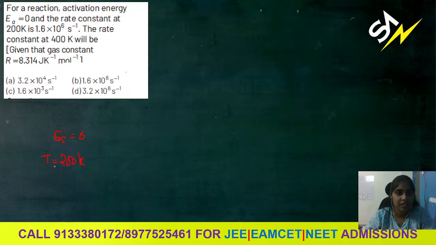The rate constant, this is initial temperature. The final temperature T2 is 400 Kelvin. The rate constant will be, what is the value of K? So you need to apply here the Arrhenius equation.